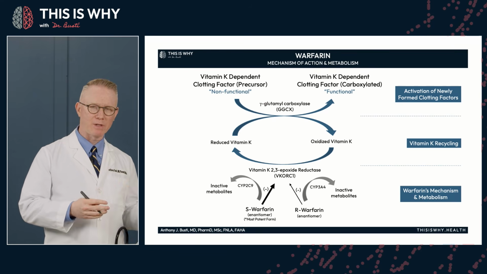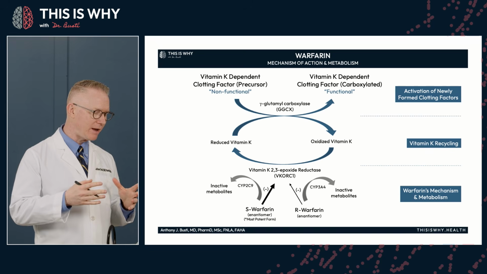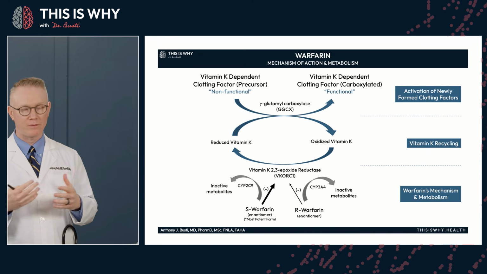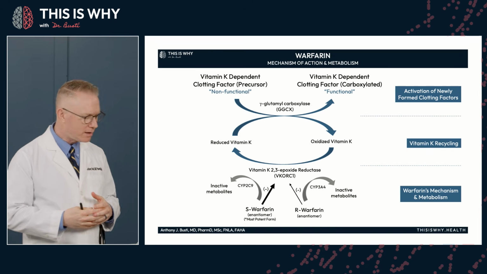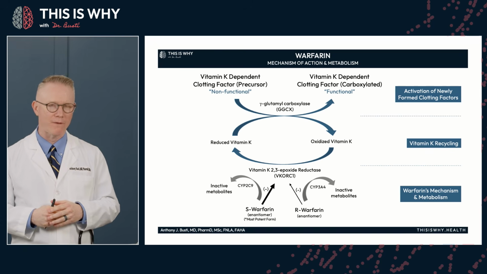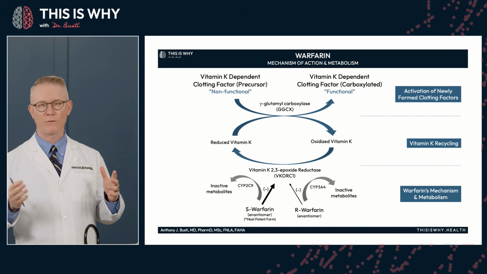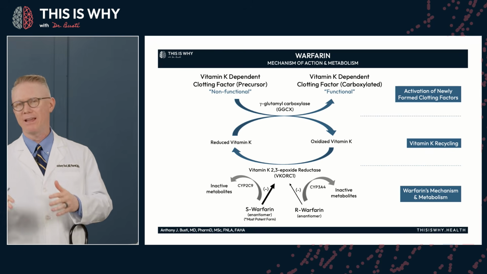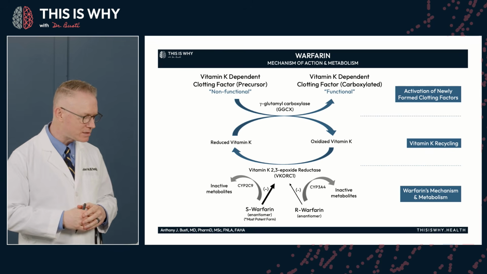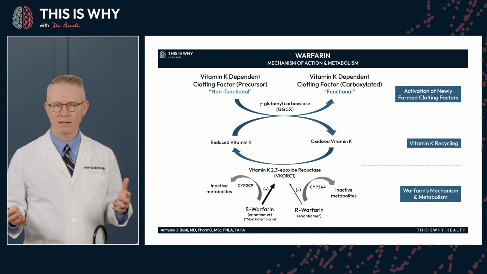So one of the things that I put together for you here is a figure or diagram showing you the metabolism of things going on in the body, specifically vitamin K dependent clotting factors. So remember, warfarin is a vitamin K antagonist, VKA. What does that mean, right?